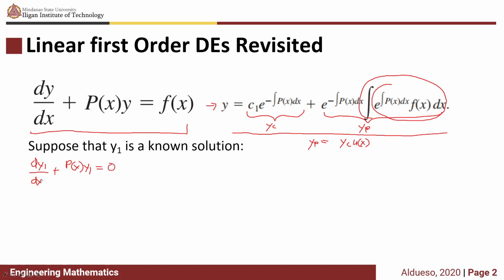So it is a solution to the associated homogeneous equation. So our particular solution is just equivalent to some function, let's label this as u1 of x, times y1 of x.